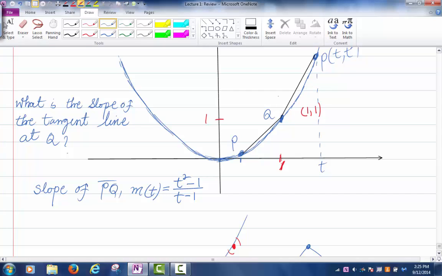Let me draw the tangent line here. So let's say the red one is the tangent line. So as t approaches 1, what is happening to Q? Q is approaching P, right? Q is approaching P, and so the line segment PQ is approaching what?